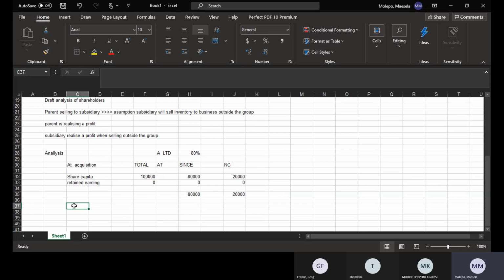And then the since acquisition part, since acquisition to the beginning of the current year.